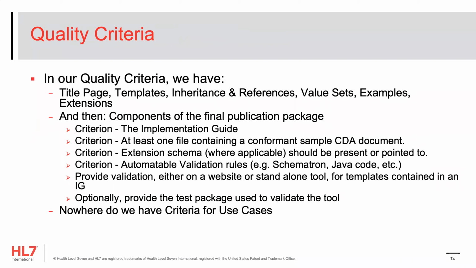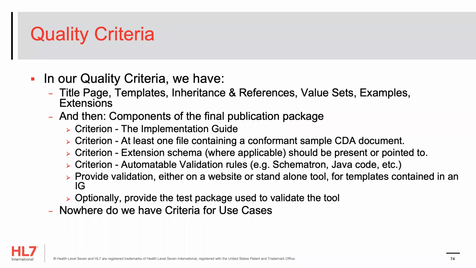So if we go to the next slide, start bringing this to a finish here. In our quality criteria, I just want to point out the things that we look at for our quality from an IG perspective today. We look for the title page, the templates, inheritance and references, value sets, examples and extensions.